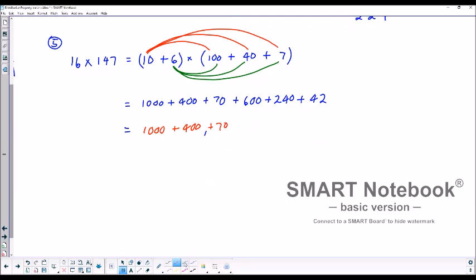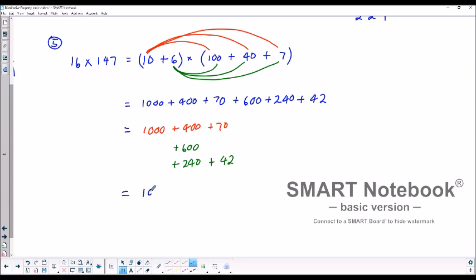So then in this next part, I would say, well, plus 600. Well, 600 is in the hundreds, so I'm going to add 600 here. And then plus 240, I'll add 240 there, plus 42. Okay, so this makes more sense when we get into using variables. It makes things a little bit easier to group things and collect like terms.